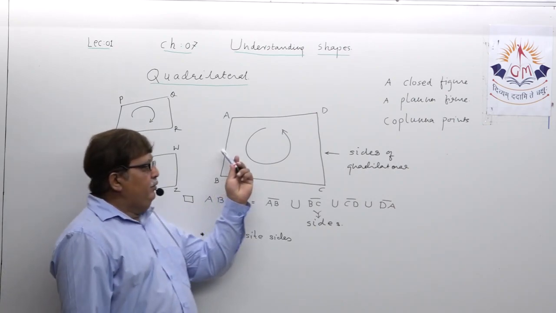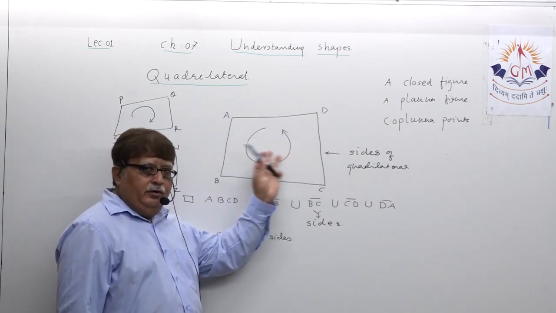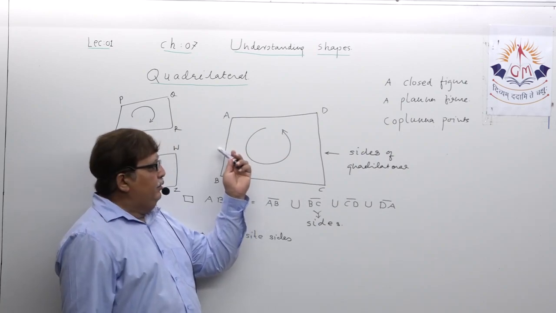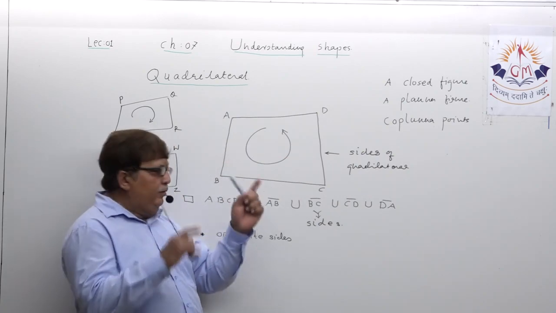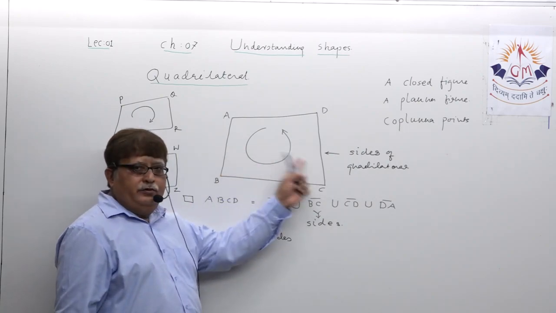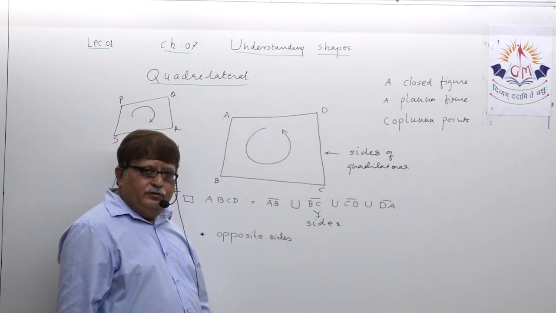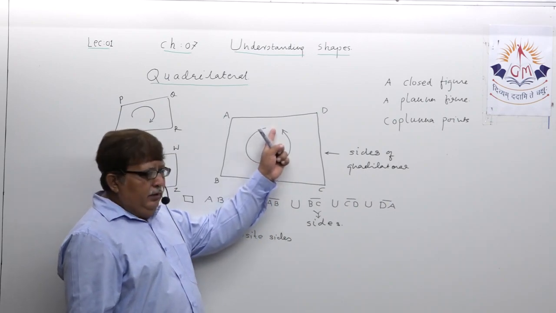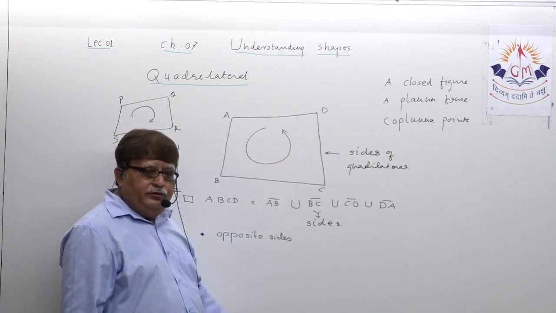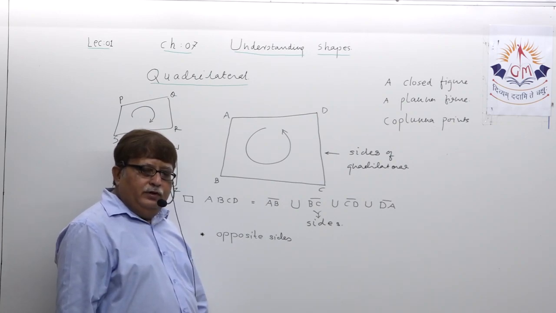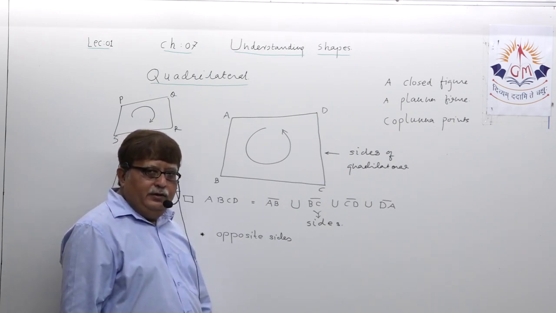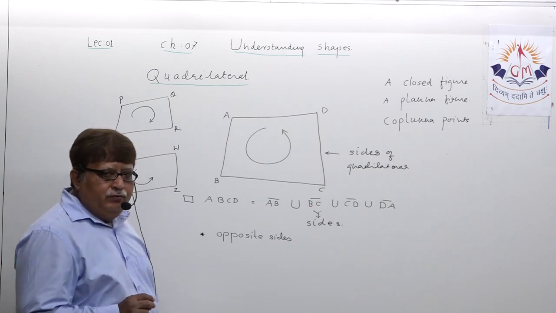Opposite sides means, suppose we think of this quadrilateral, so AB and CD are opposite sides, AD and BC are opposite sides. One thing has to be very clear. Opposite sides means what?